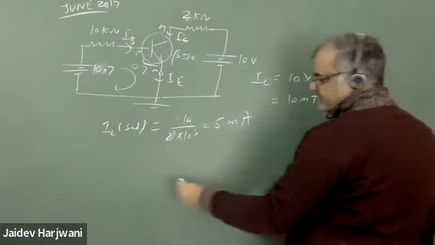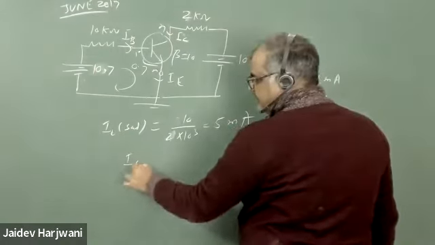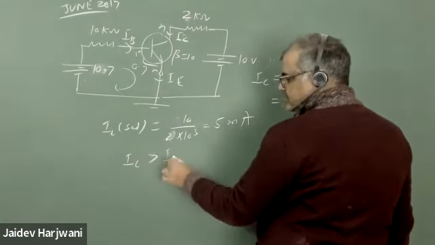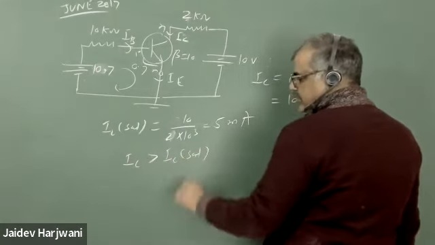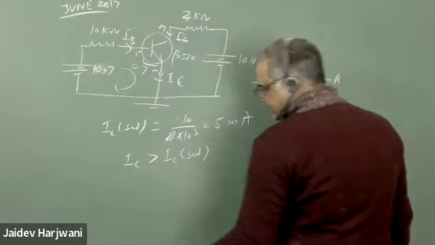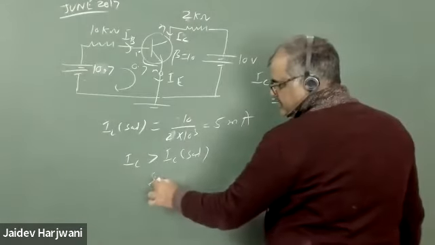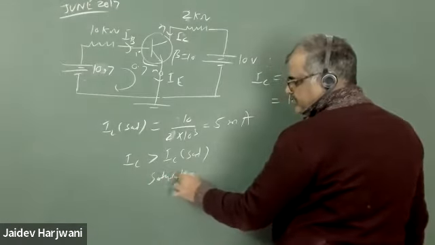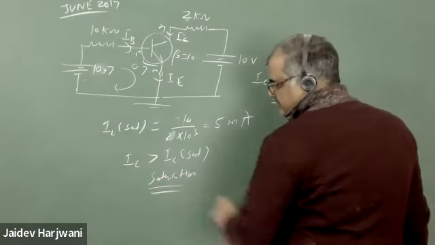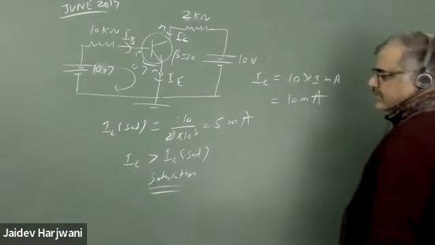So now flip this question: your IC becomes greater than IC saturation. So the region of operation becomes your saturation region.